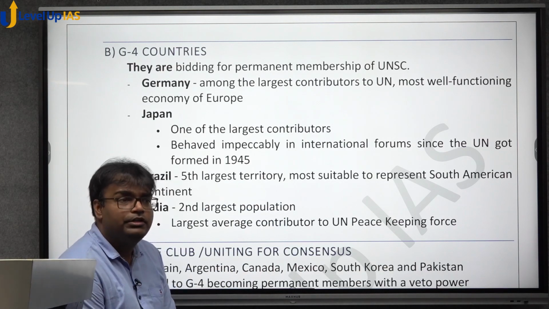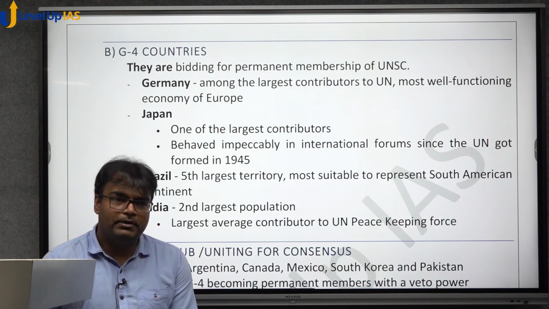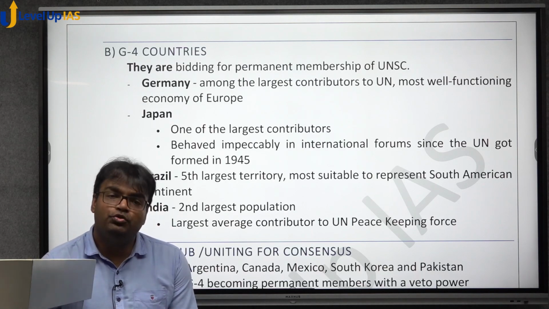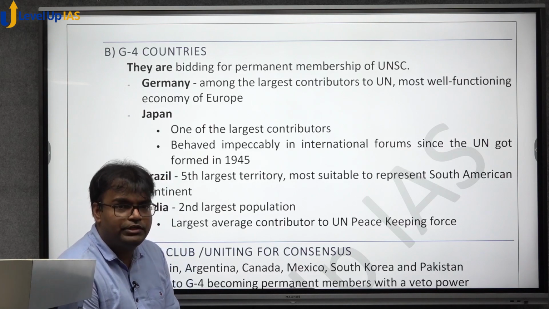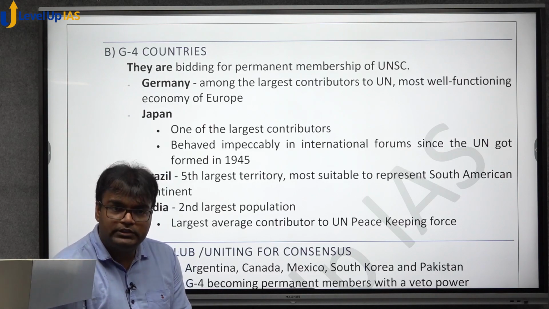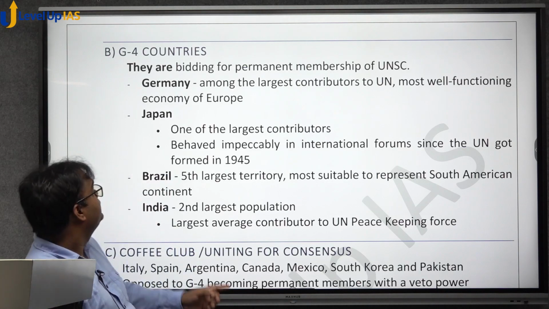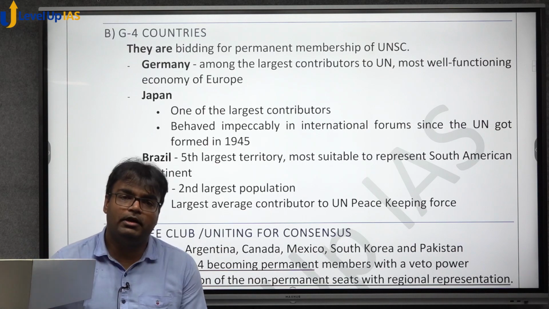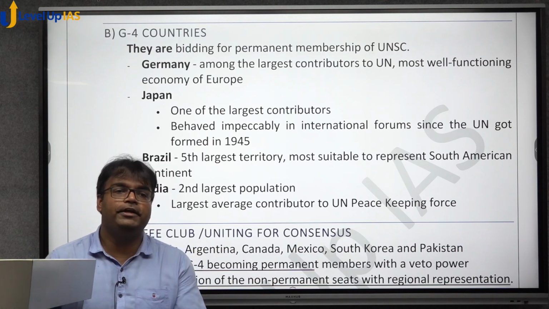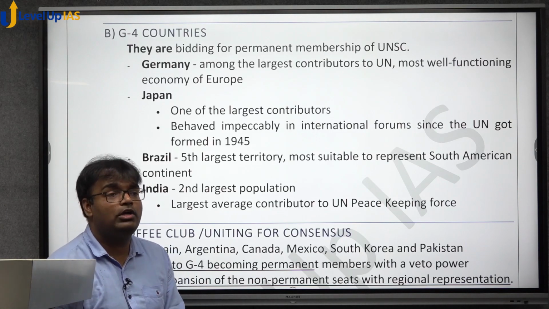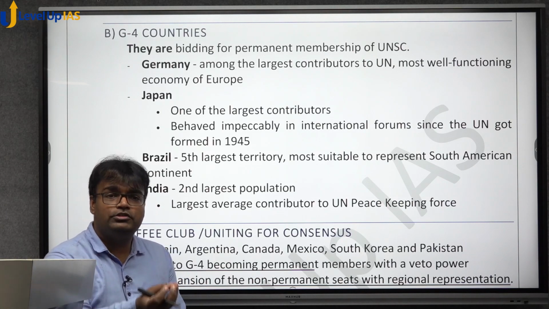Their budgetary contribution, as well as human resource contribution in the UN peacekeeping force, has been more effective. They have a record of being peaceful countries. For all these reasons, Germany, Japan, Brazil, and India, the G4 grouping, are demanding permanent membership. So what will UPSC ask? UPSC would ask you questions like, which of the following is not a G4 country?